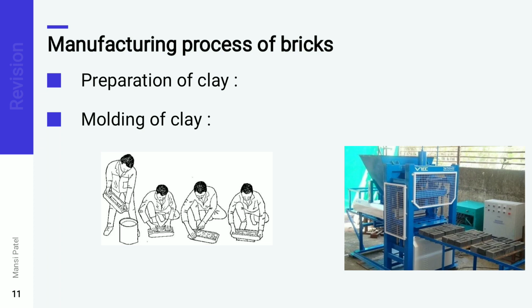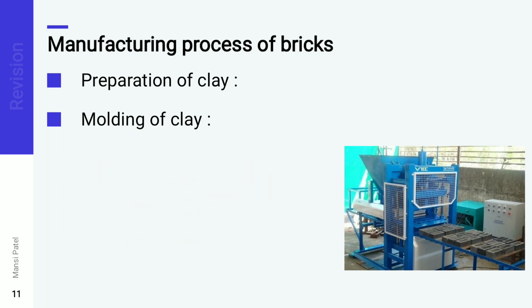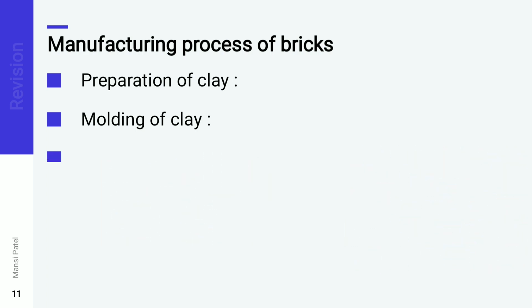Now the second one, after preparing the clay, is molding of the clay, molding by hand or molding by machine. If it is a small scale business, then they follow the first one. If it is a large scale, big business, then they do the molding with the machine. Now the third one is drying of raw bricks.